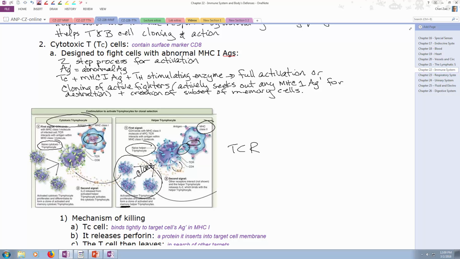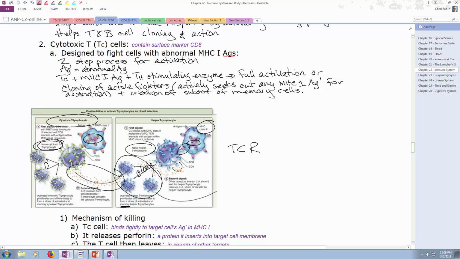But the T cell, remember, has just had the presentation with MHC1. And so now we need a second step here, which is interleukin 2. That's not important. What I want you to know is that there is a co-stimulatory enzyme that finishes the activation process. So the helper cell right here is now helping the cytotoxic T cell to complete the activation process.